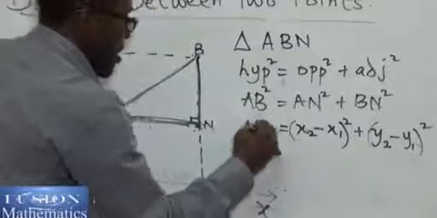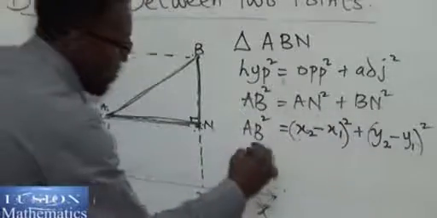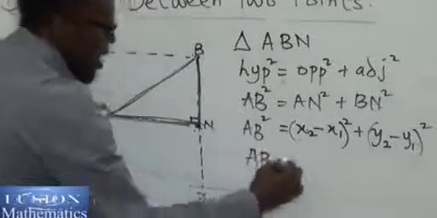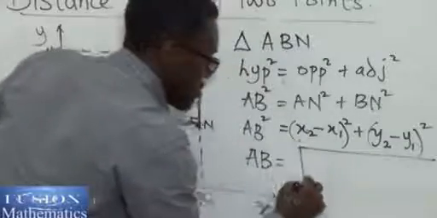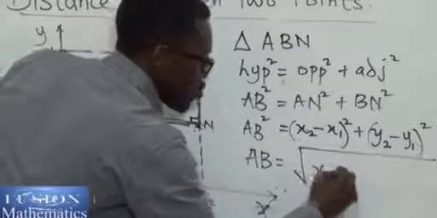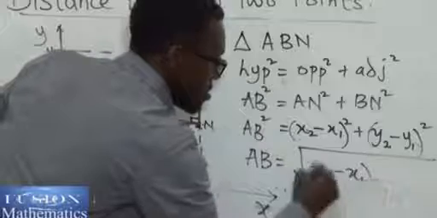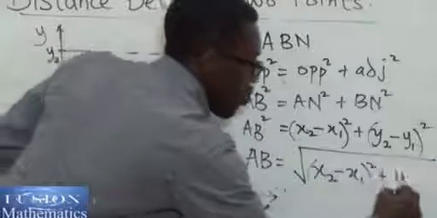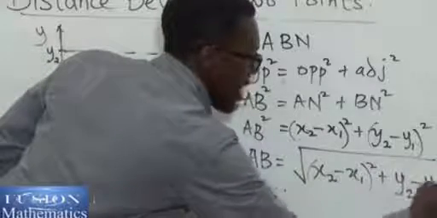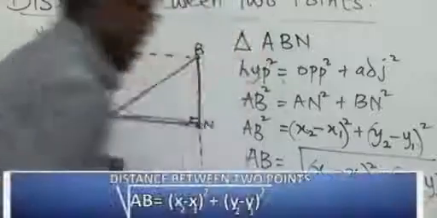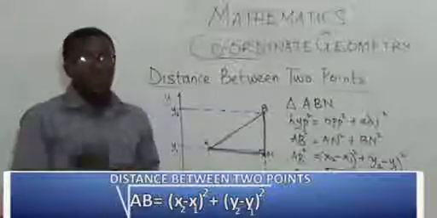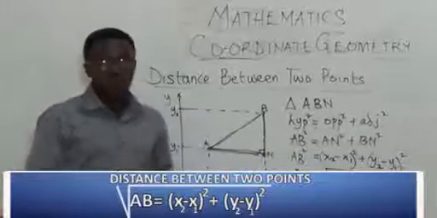So AB squared is equal to that, and AB is now equal to the square root of (x2 minus x1) squared plus (y2 minus y1) squared. So this is the formula for finding the distance between 2 points.